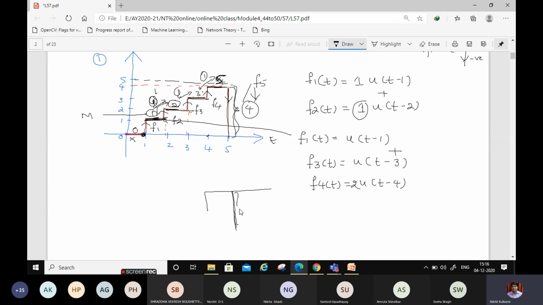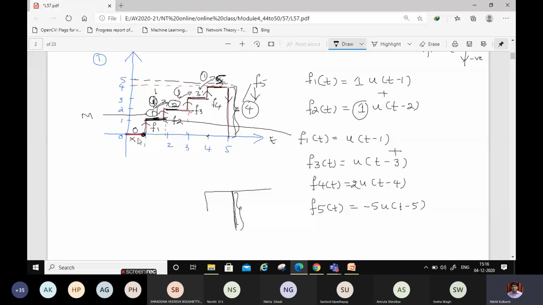So in order to bring it to 0, you have to add another signal whose magnitude should be 5. So you have to add minus 5 u of t minus 5. Okay, are you getting this? Yes.